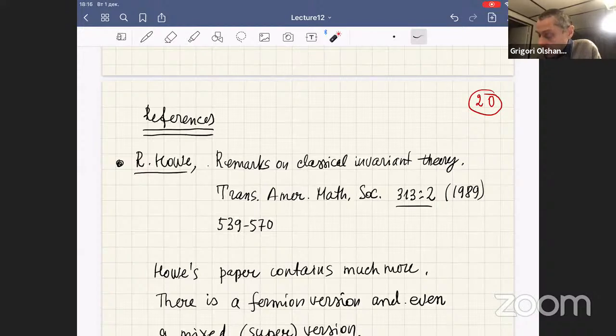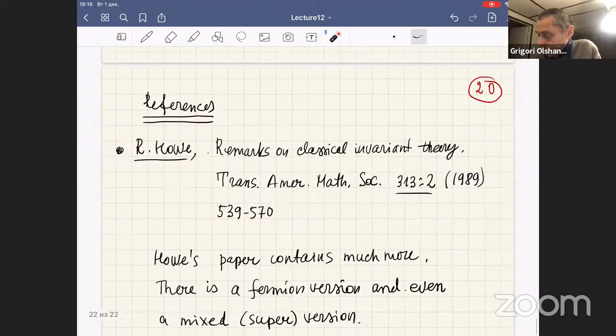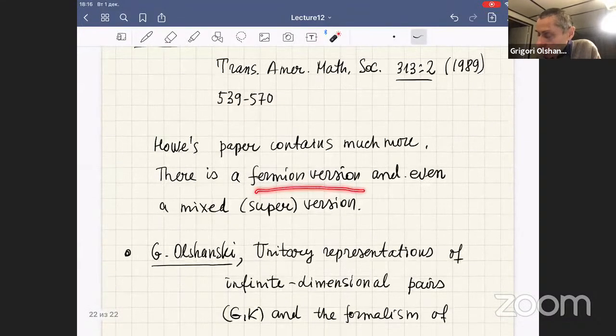I repeat, this is a beautiful paper, and it contains not only what I tried to explain very briefly, but also a fermion version, which uses Clifford algebra, and actually a mixed version, a super version. We mix up the bosons and fermions, and we get a super algebra instead of a Lie algebra.